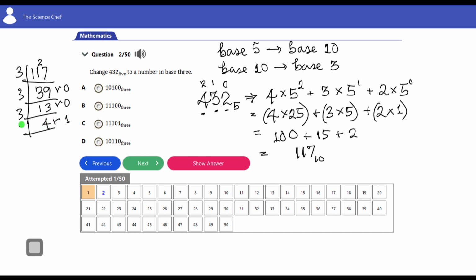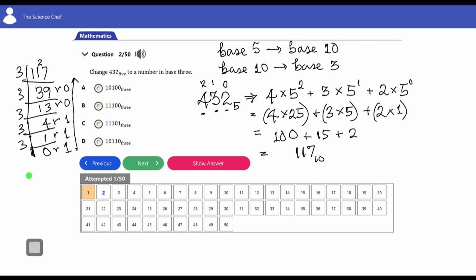Then 3 into 4, that's 1, remainder 1. You keep dividing until you can no longer divide, and you just write 0 and then return that number, and you start reading from down upward, right?